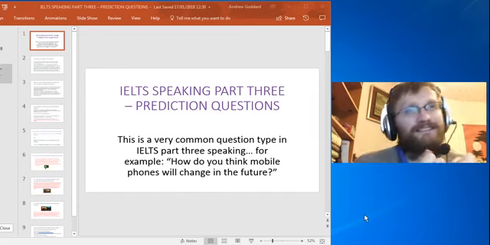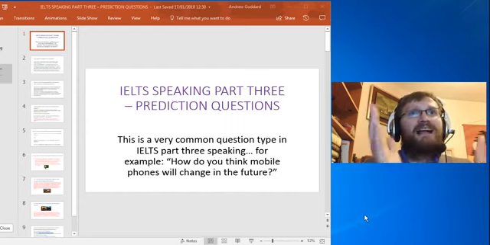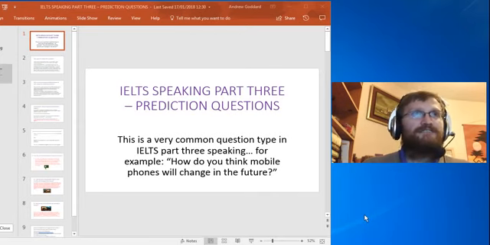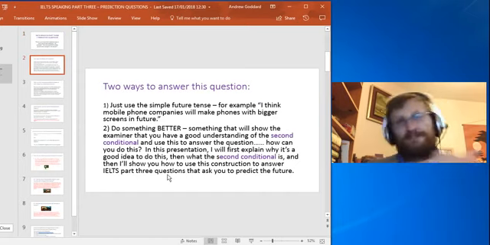So, the type of question that we're going to look at today is what I call prediction questions. These are very common questions in part 3 of the exam. An example: how do you think mobile phones will change in the future? So, you could answer this question in one of two different ways.